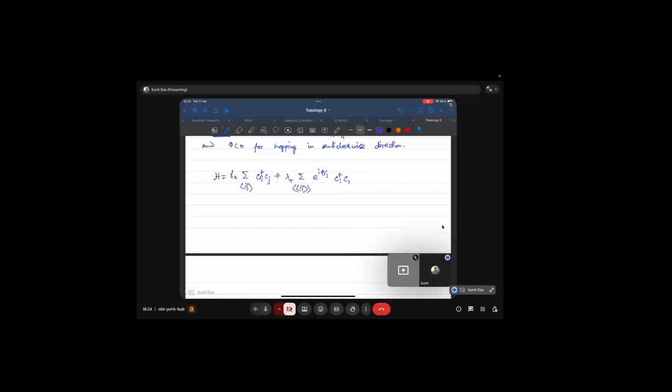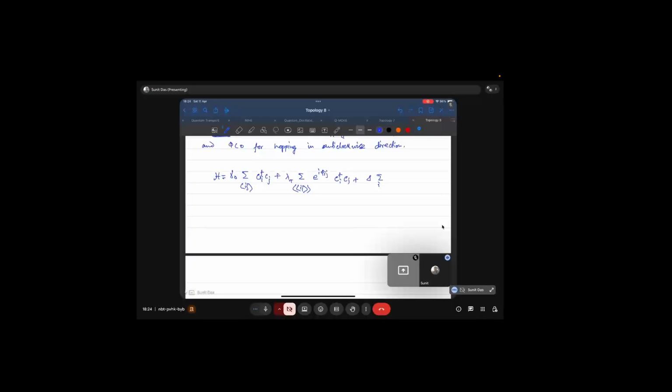Again, c_i dagger c_j, and we can have the mass term, an on-site potential. So this is only summed over each carbon atom.